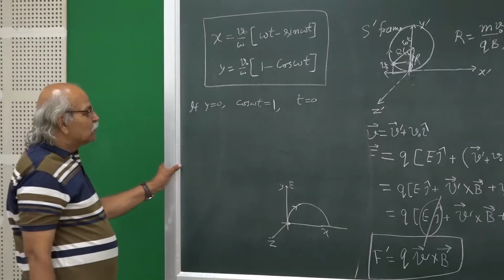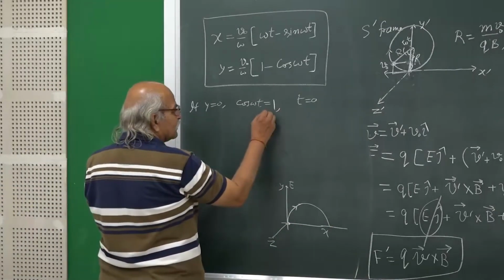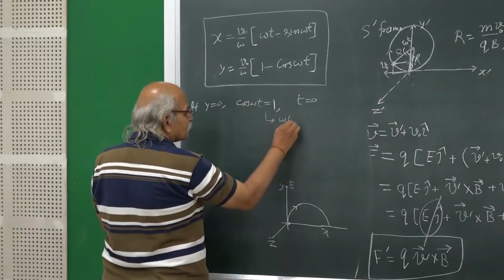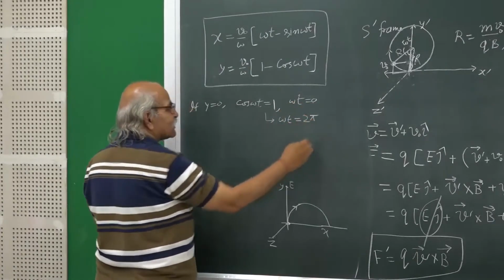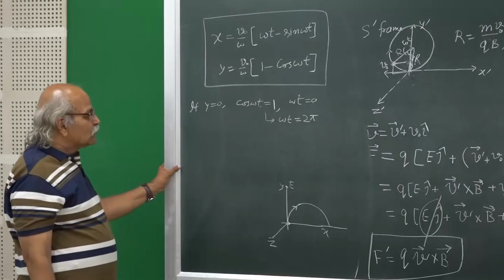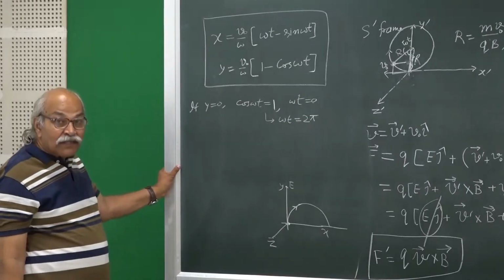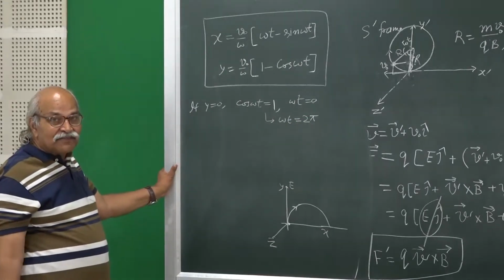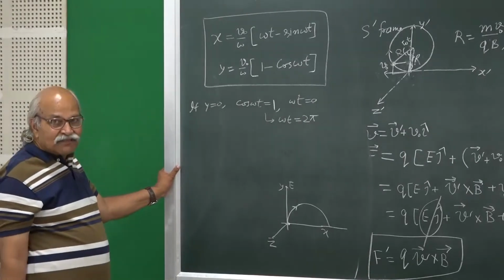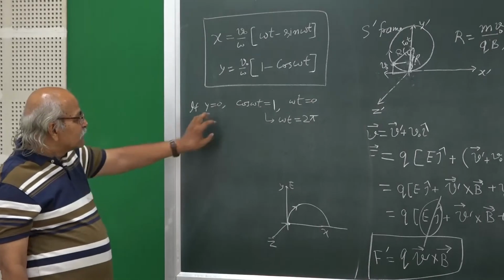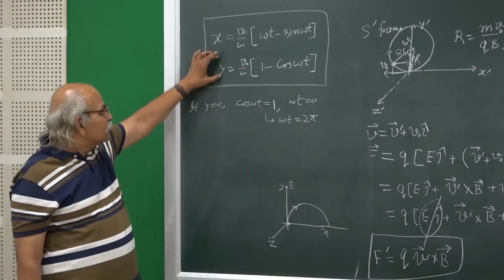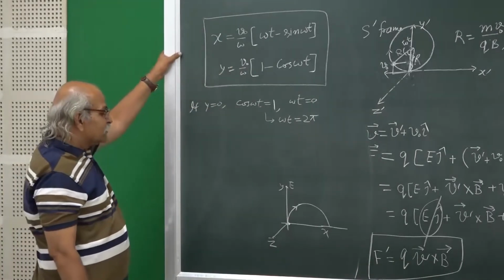Next, cos omega t is 1 when omega t is 2 pi. Omega t equal to 0 gives 1, and omega t equal to 2 pi is the next time cos omega t becomes 1. Cos of pi is minus 1, cos of 2 pi is plus 1. So at omega t equal to 2 pi, y is equal to 0. And what will x be there?